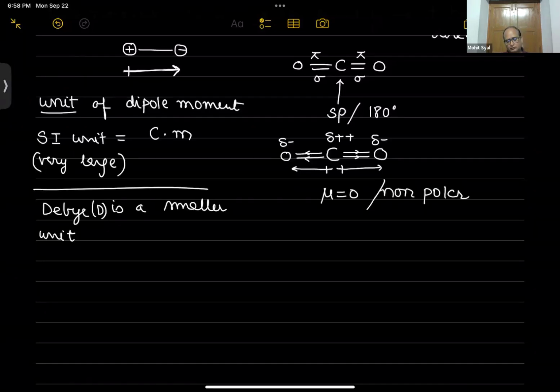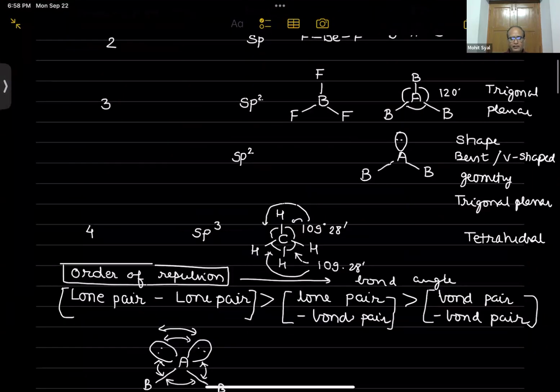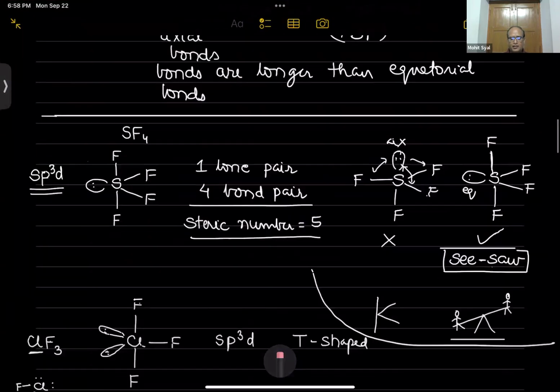So 1 debye is very small. If you compare it with coulomb meter, it is 3.33 into 10 to the power minus 30 coulomb meter. A very, very small unit.